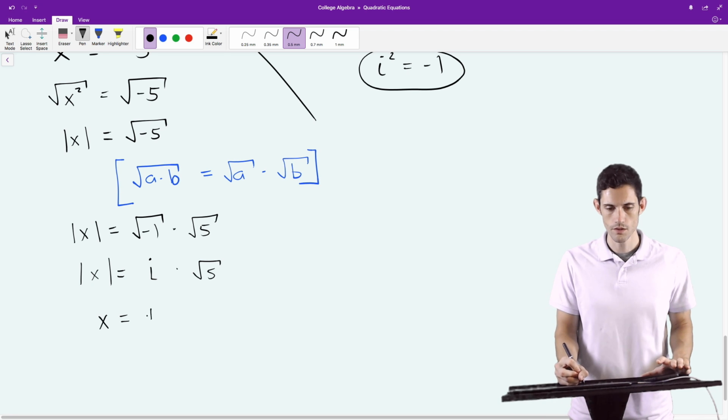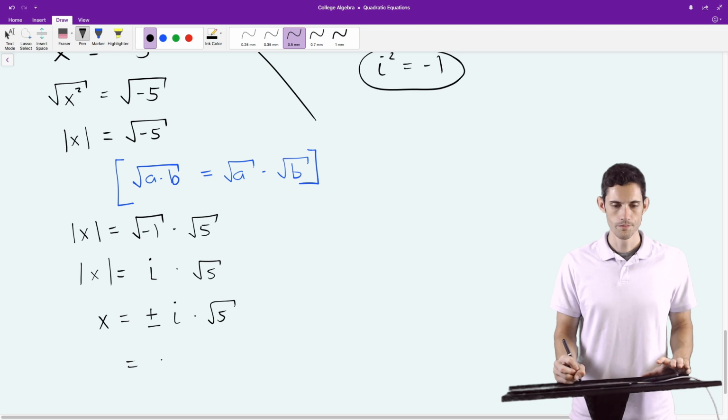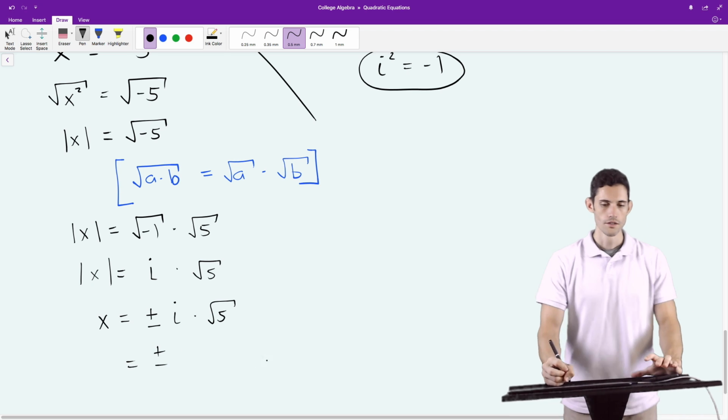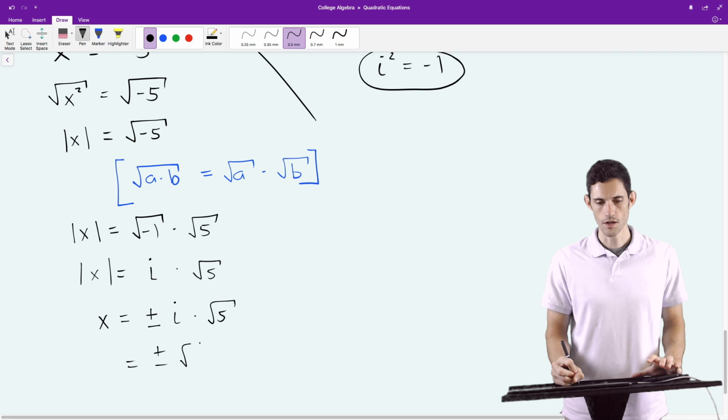So you could have plus or minus i times the square root of 5. And it looks nicer. You can multiply things in any order, you know. So it just looks nicer, kind of, if you write the square root of 5 times i. That's usually how you'll see that written.